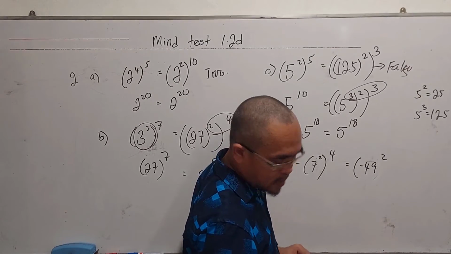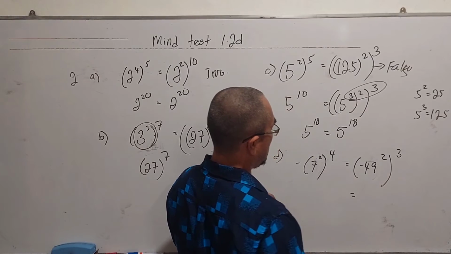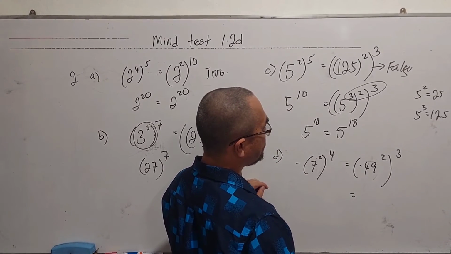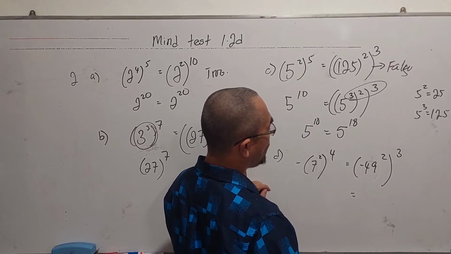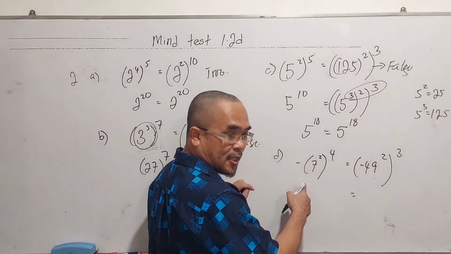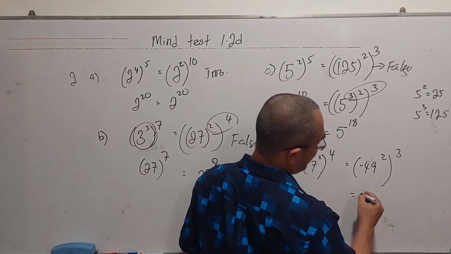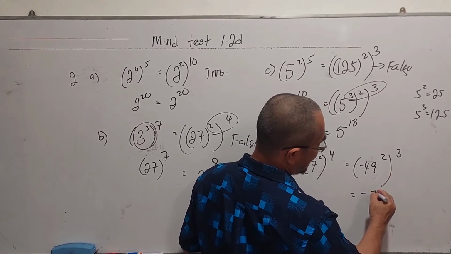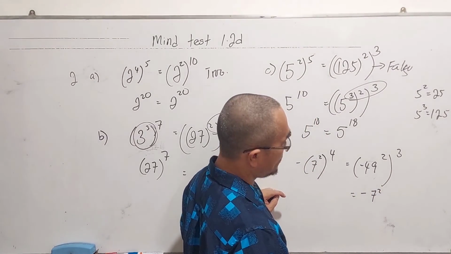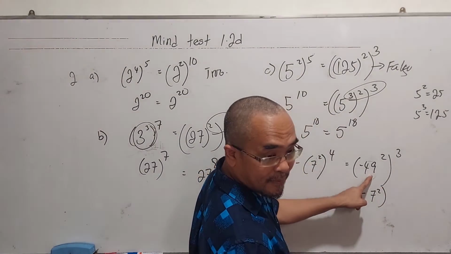So 49 change to 7 square. Okay. Actually, either way. Okay. So you can change this or you can change here, as long as they are equal. So that negative 7 will be 7 square. 49 is 7 square. Okay. So this is that 49.